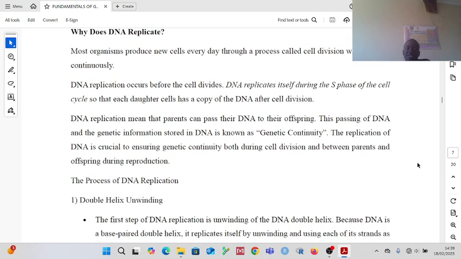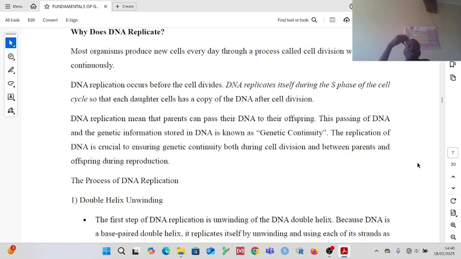So DNA replication means that parents can pass their DNA to their offspring. The passing of DNA and the genetic information that is stored in this DNA is what informs what we call genetic continuity. Because the genes that your parent had are passed to you.